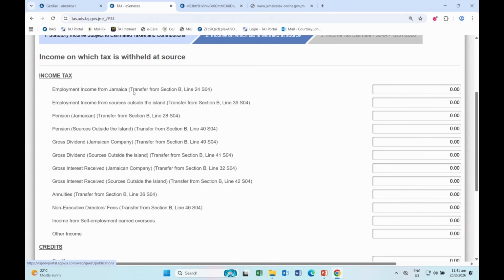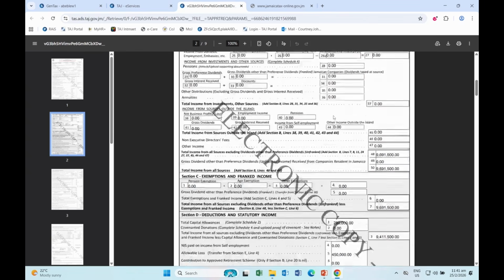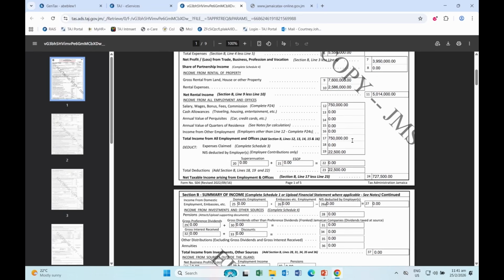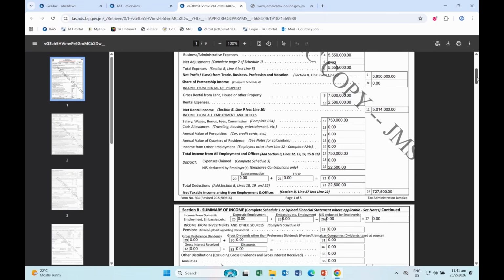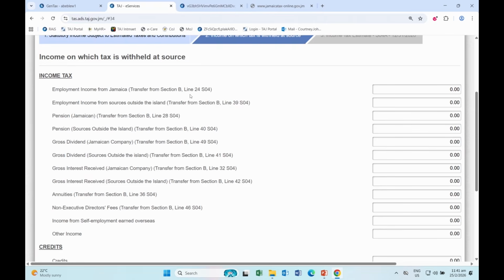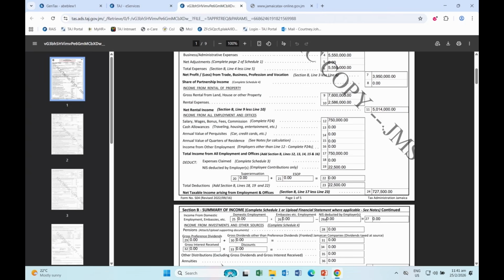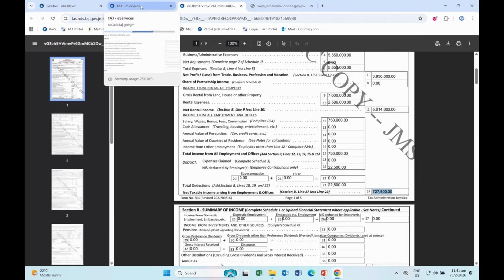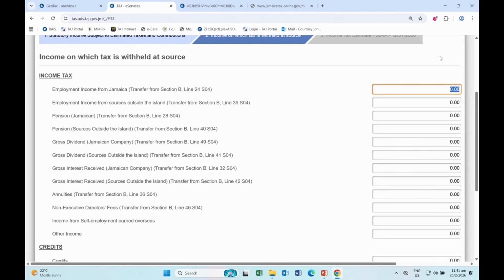So we're going to go to the return for transfer from section B line 9, and that is on the S04. So section B, B as in boy, line 24, not line 9. Section B, line 24, has his income less the NIS, and that's the amount that we're going to be putting back here.